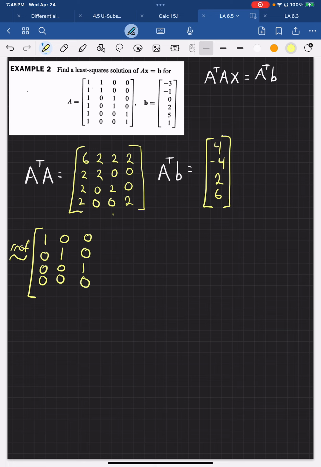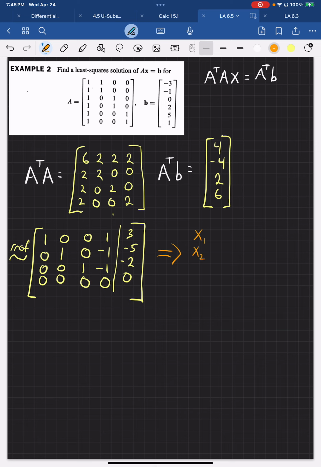So I see 3 pivots. And 1 free variable. So 3 basic variables, 1 free variable. All right. So for me, I go from here to the general form of the solution, right?